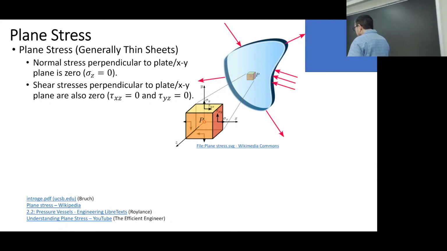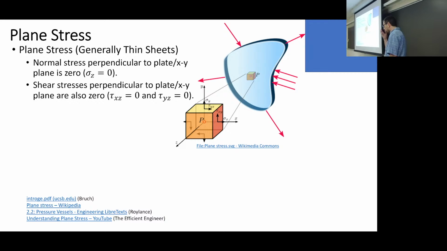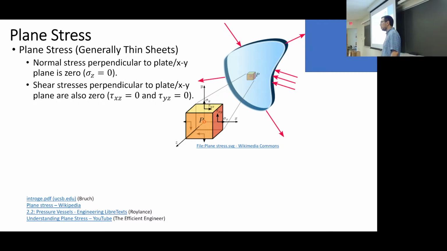And remember, I think in the video that you watched on the thin wall pressure vessels, I talked about how we talk about hoop stress, we talk about axial stresses, right?